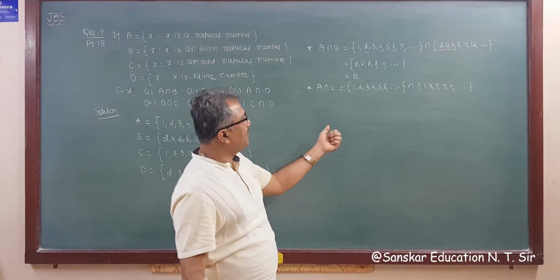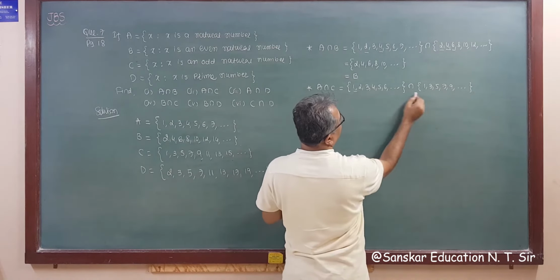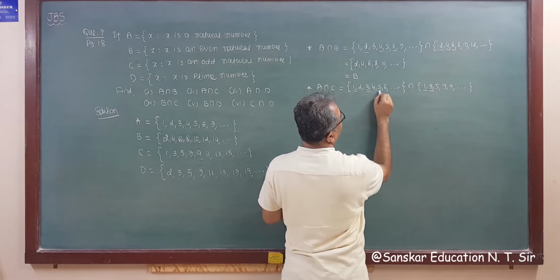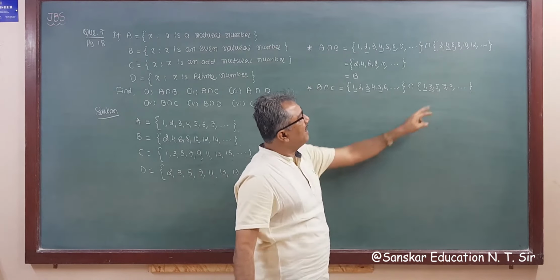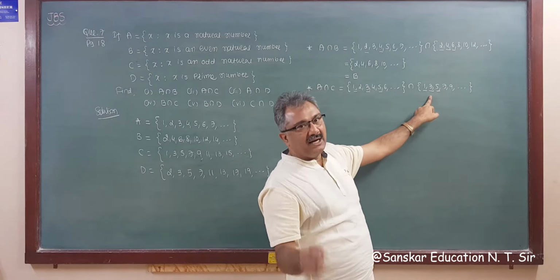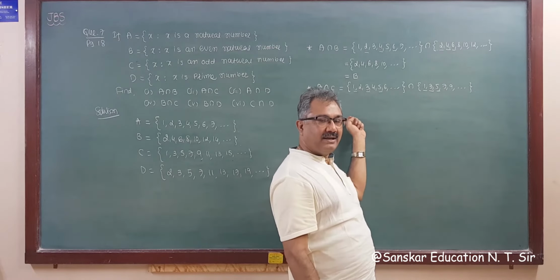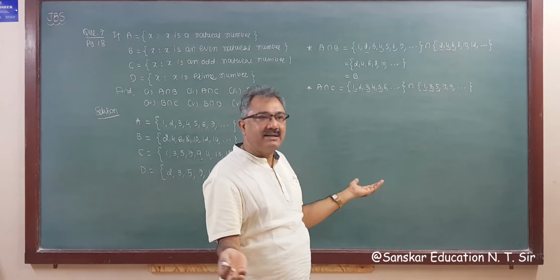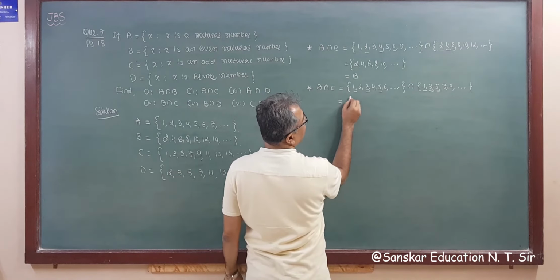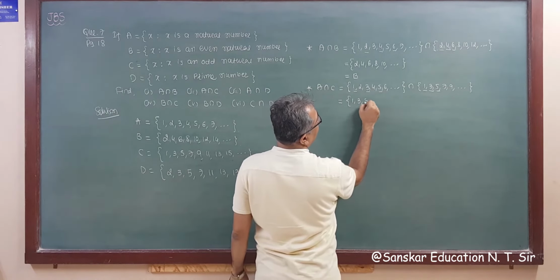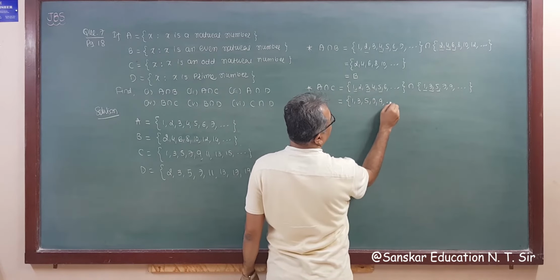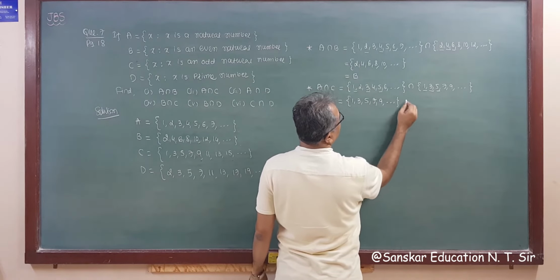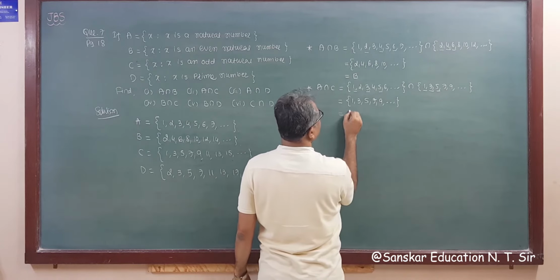Intersection means common elements, that is 1, 3, 5. So all elements of set C are in set A. That is, C is a subset of A. So our answer is C, obviously. So the answer is 1, 3, 5, 7, 9, and so on. Right? So the answer is C.